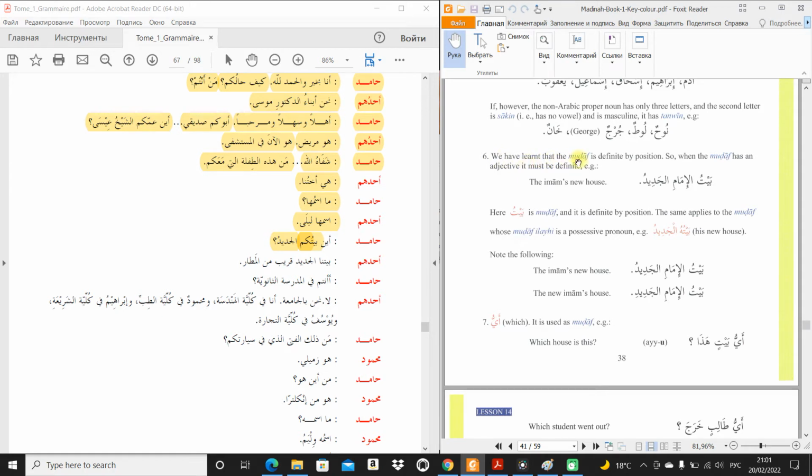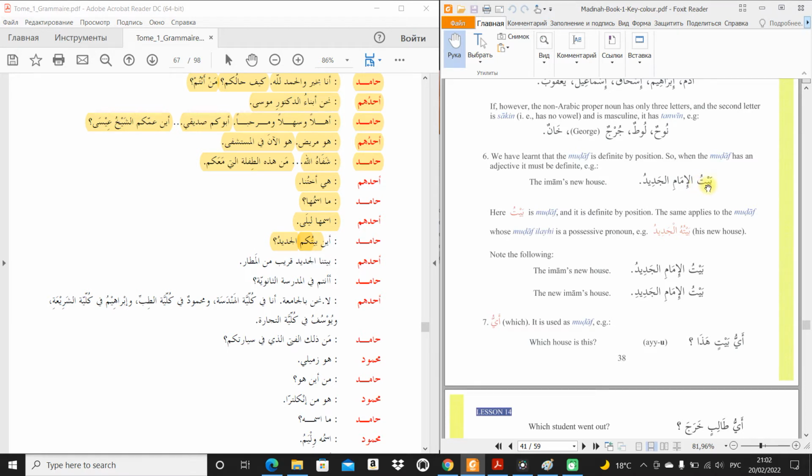We have learned that the mudaf is definite by position. I'm still saying that mudaf doesn't take alif lam and doesn't take tanween. It doesn't take alif lam because it's definite by position. When we say, for example, baytu al-imam, it is definite because we specified it. We said baytu al-imam.